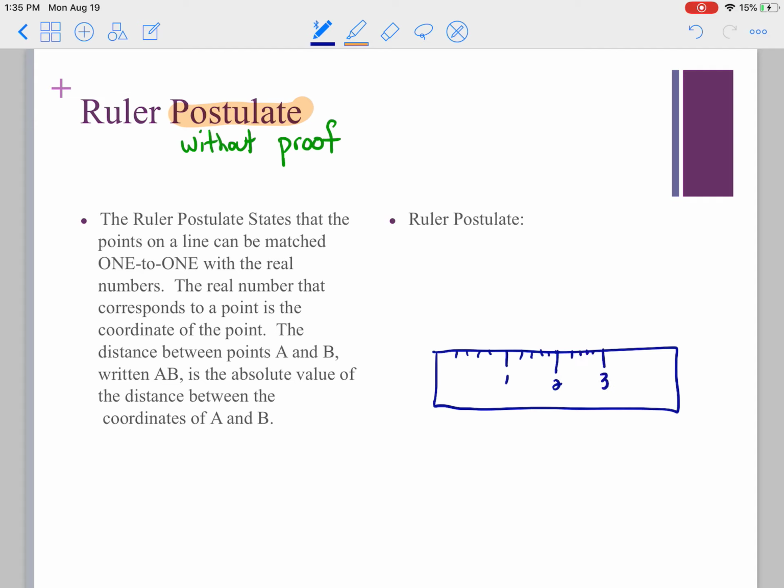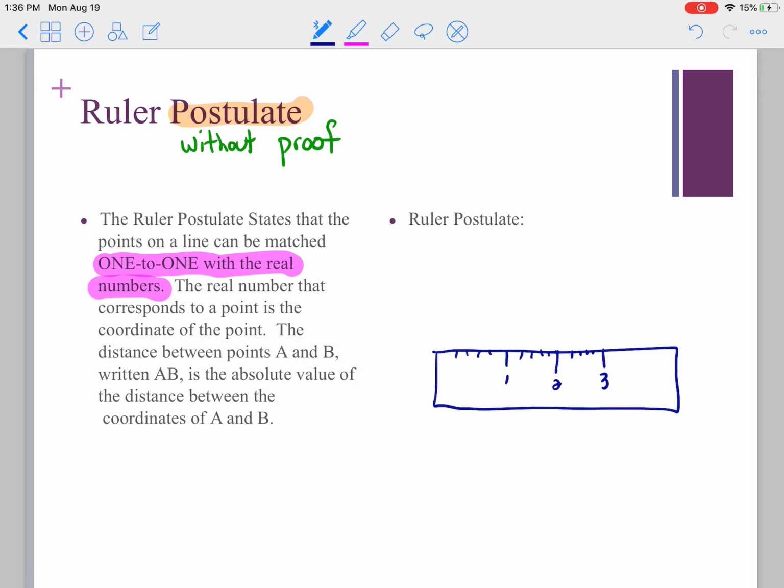What the ruler postulate states is that if I have a line or a line segment, I can match them to points on a ruler. And that's where it says one-to-one with real numbers, okay? And so the real number will correspond to a coordinate point.